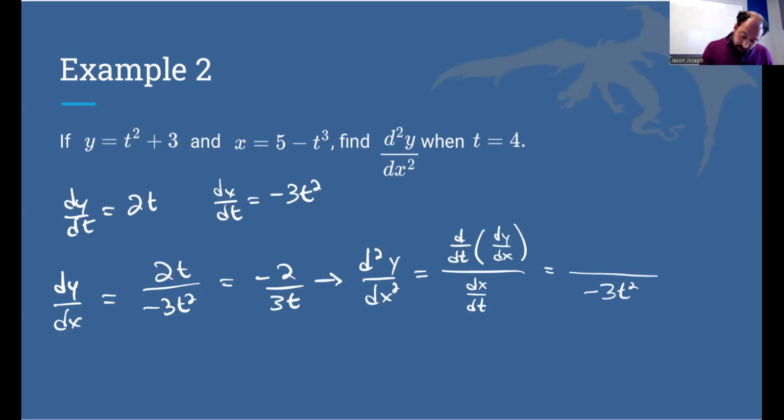And then separately, we need the derivative with respect to t of dy dx. So dy dx was negative 2/3 t inverse. I'm writing it that way because I want to use the power rule. So the power rule tells me I get 2/3 t to the negative 2, which is also 2 over 3t squared.